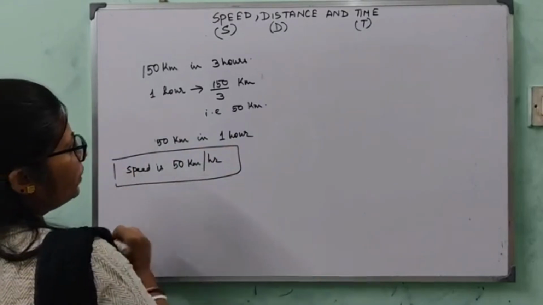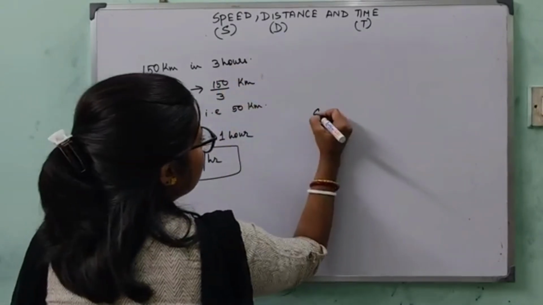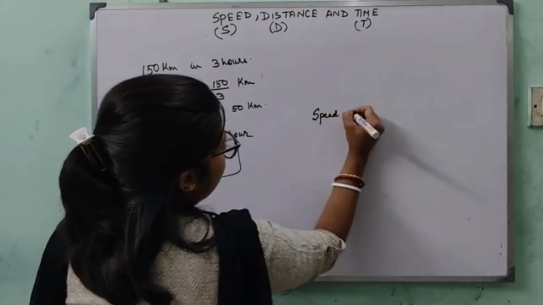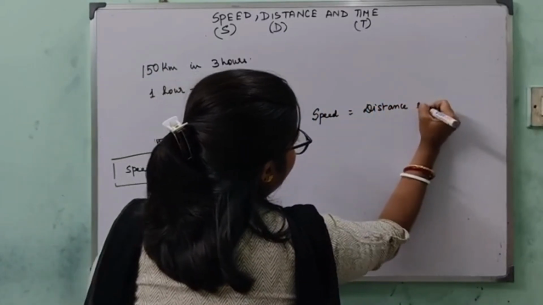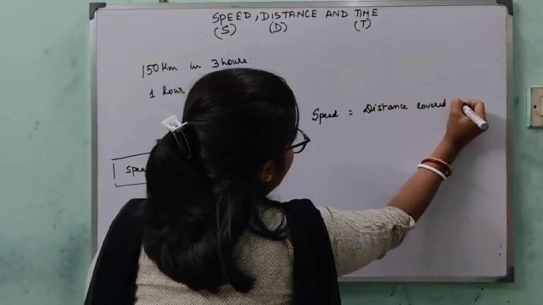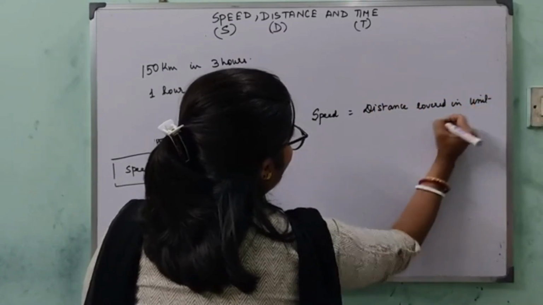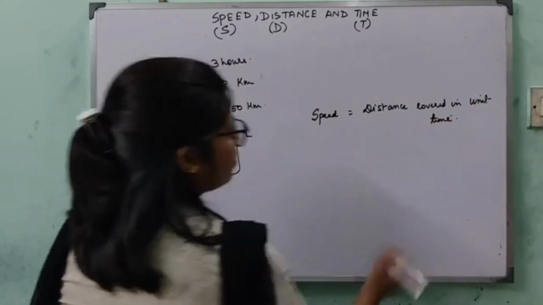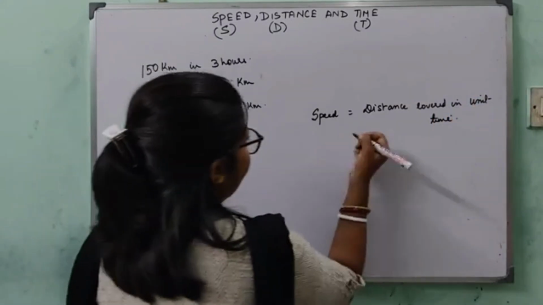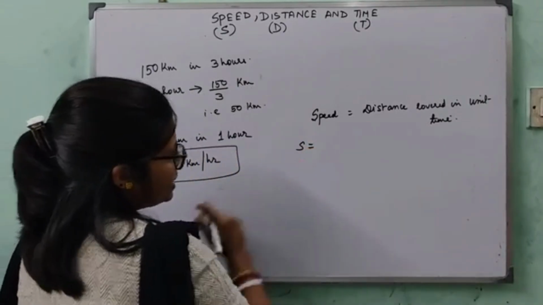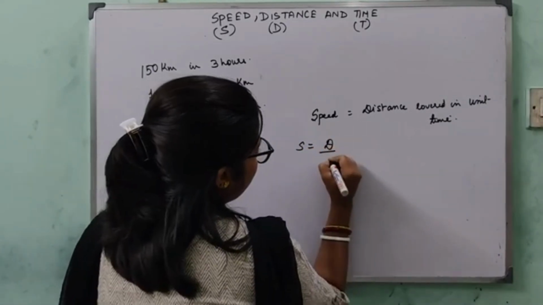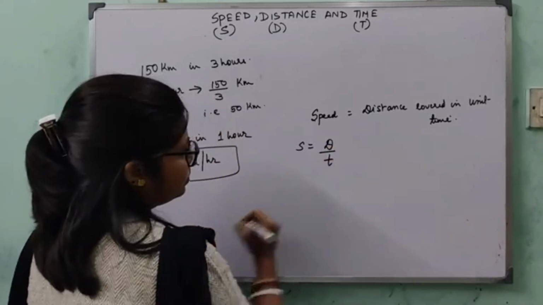So what can I say over here? That is speed is the distance covered in unit time. Okay, that is if I write it in the form of a formula. So speed, which I will write as S, is equal to distance by time.